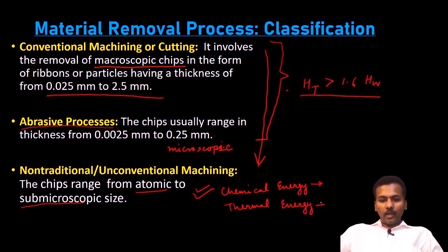We utilize the high temperature to melt and vaporize the material and create a certain shape and size, just like plasma arc machining process, electron beam machining process, etc. If we are using an electrochemical process, then the ECM process will come into the picture.